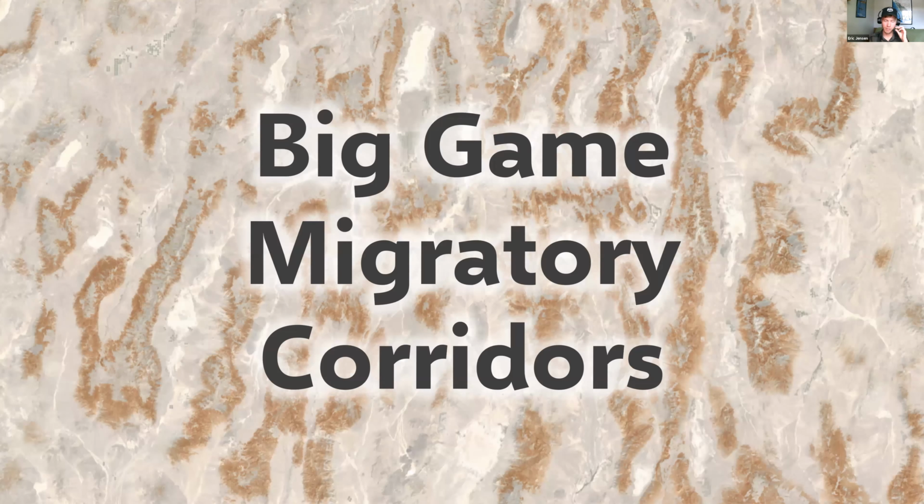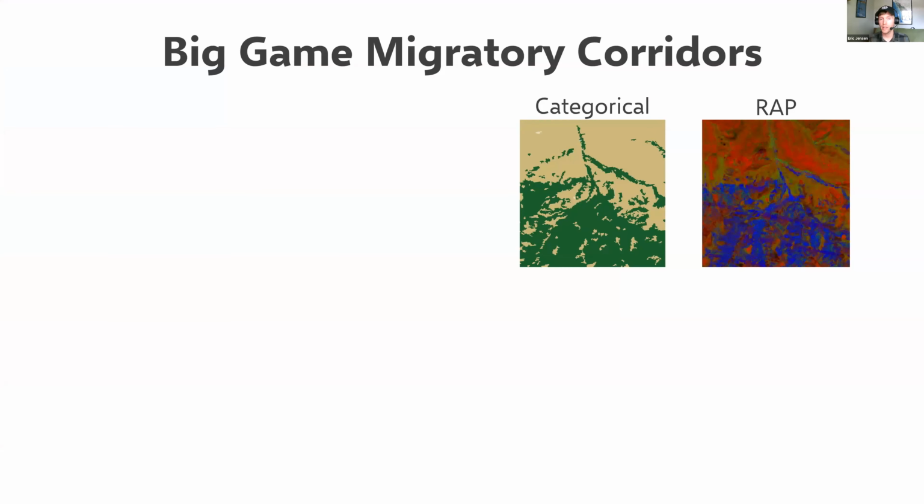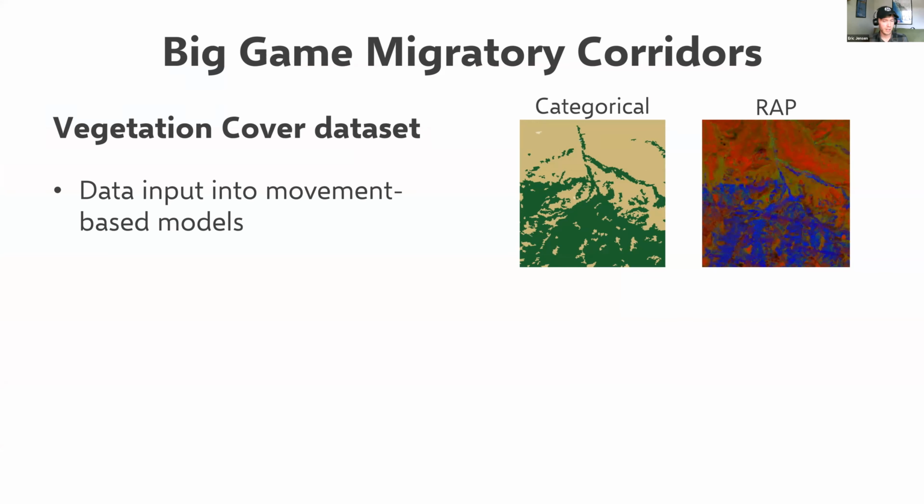And finally, in terms of this big game migratory corridors piece, this is one where the connection isn't quite as immediately obvious, but I think there's a lot of potential for using the vegetation cover data set in this context. Whether or not you have capacity locally to produce some sort of movement-based model or something like that, oftentimes as an input into those models, they rely on some sort of vegetation cover or land cover type data.